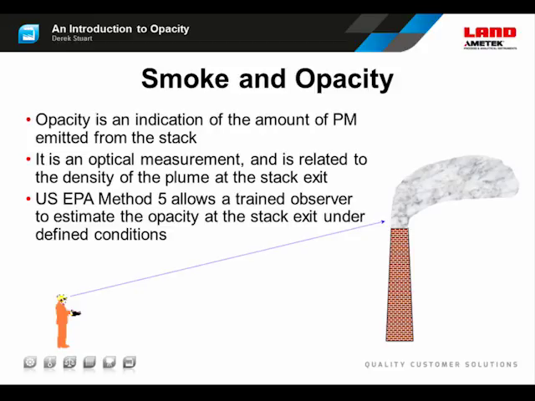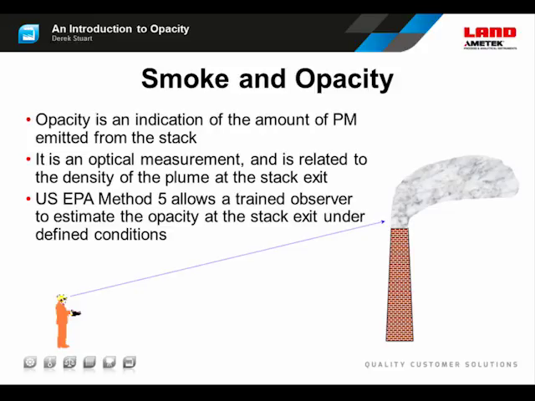Now, it's not a very accurate technique. The standard uncertainty is plus minus 7.5% opacity, which is approximately 4 times worse than we can measure with an opacity monitor, but it does define the conditions where we have to make the measurement.